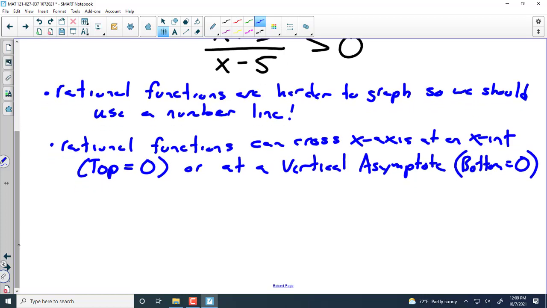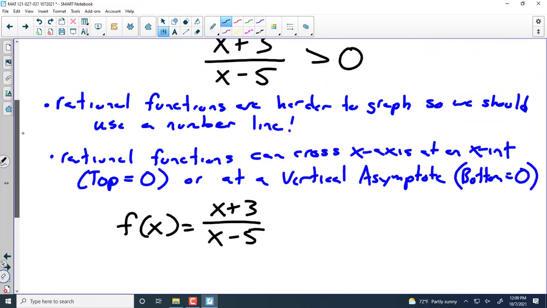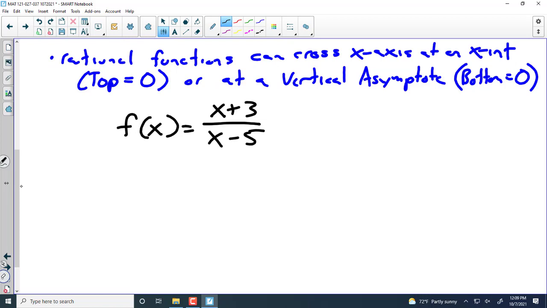So class, if we have f of x equals x plus 3 over x minus 5, can you tell me just by looking at that where its x-intercept is? -3 is where the x-intercept is, because that's what makes the top equal to 0.